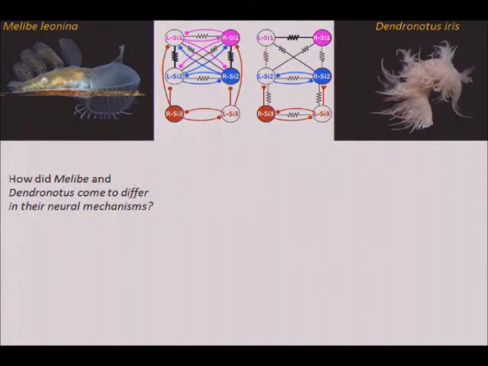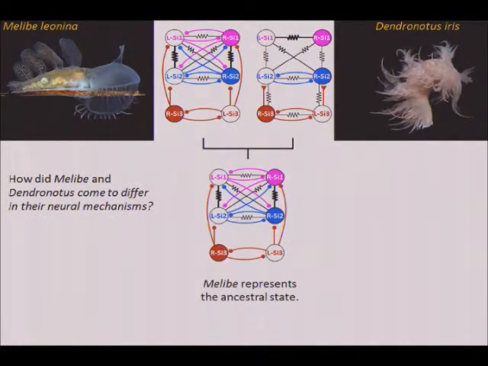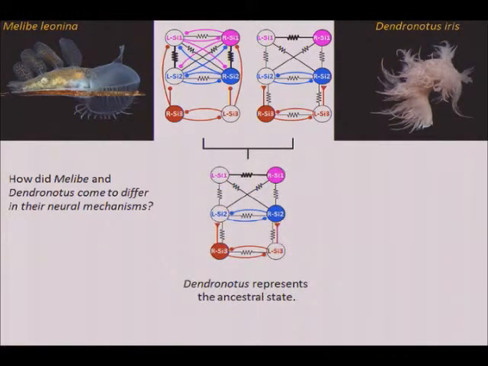So how did Melibe and Dendronotus come to differ in these neural mechanisms? Well, one possibility, for example, is that Melibe represents an ancestral state and that Dendronotus has simply lost these synapses. Another possibility is that Dendronotus represents the ancestral state and that Melibe has changed. So in this case, if we consider these behaviors homologous, the underlying neural mechanism may have changed.